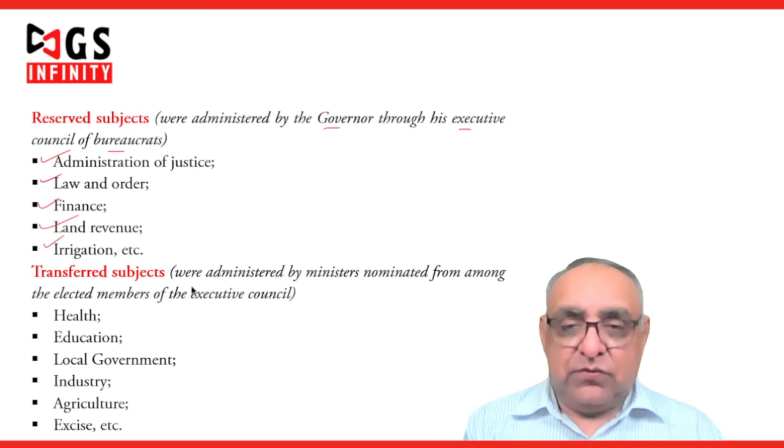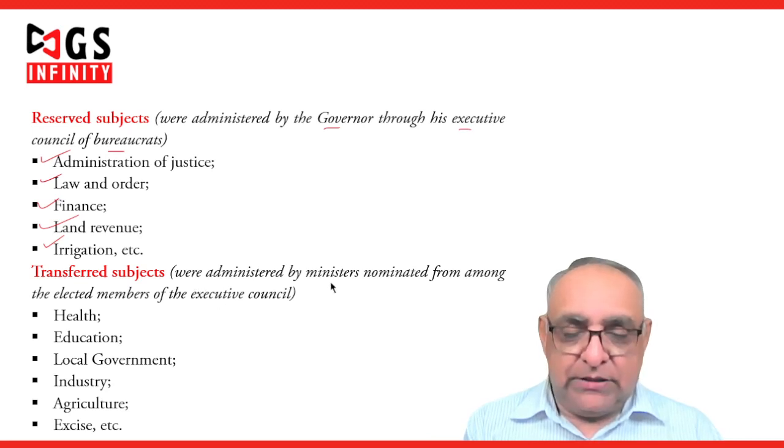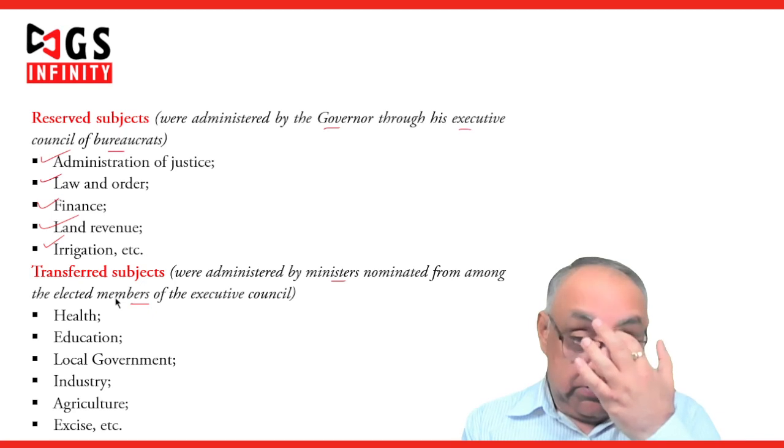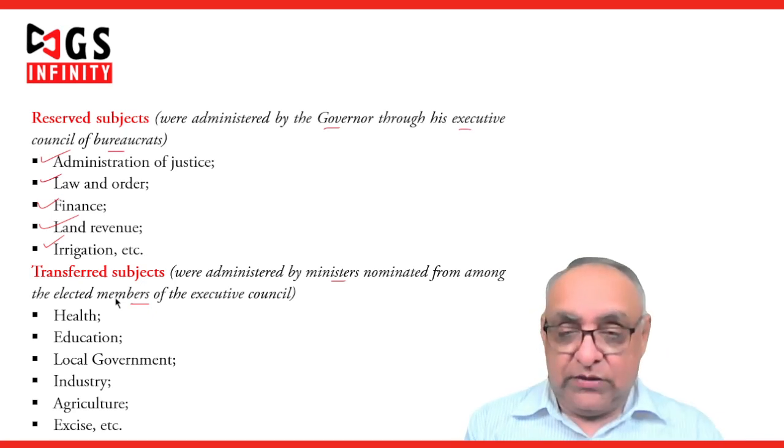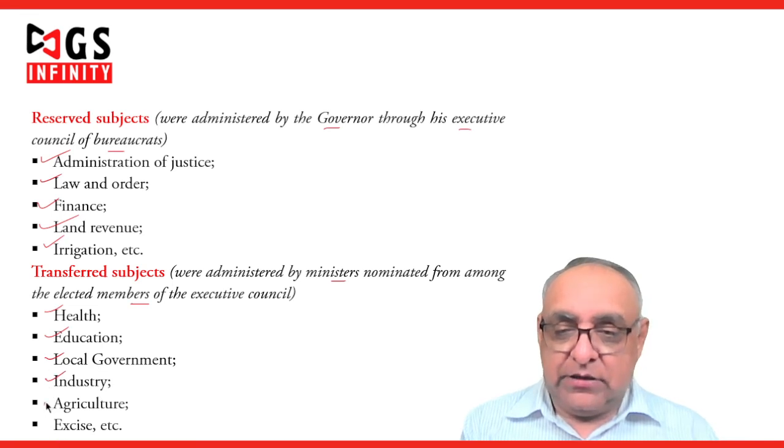Transferred subjects were those which were administered by ministers nominated from among the elected members of the executive council. So what were the transferred subjects? That is health, education, local government, industry, agriculture, excise, etc. So these were the various transferred subjects.